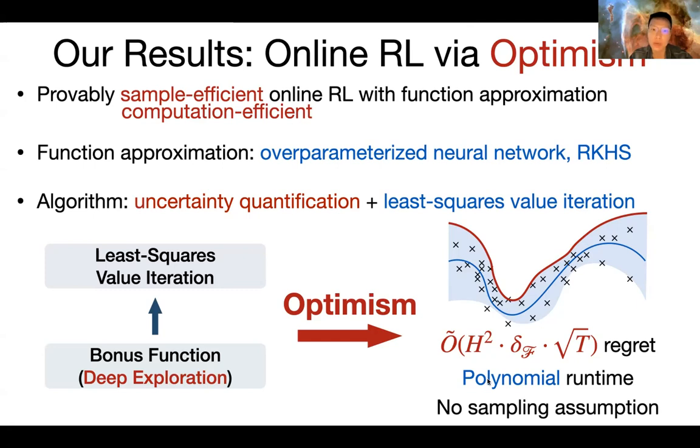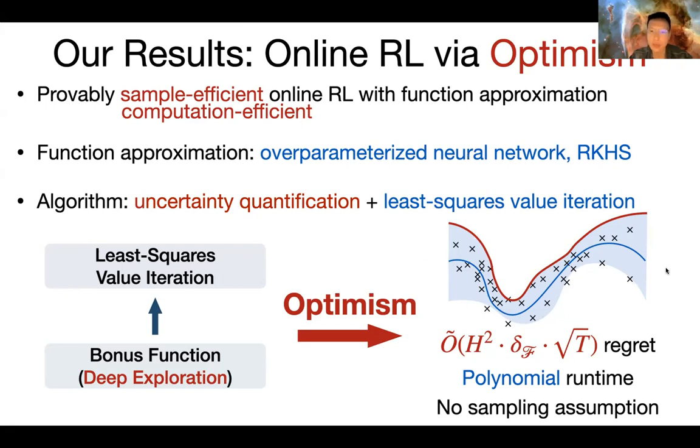And moreover, both the least square value iteration point estimator and the uncertainty quantifier can be computed in closed form, at least for the RKHS setting. And it can be efficiently computed when over-parameterized neural networks are used. In other words, our algorithm also achieves computational efficiency.